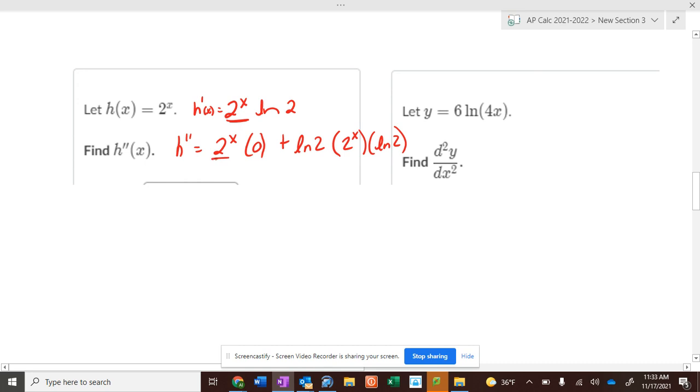The first times the first derivative of the second plus the second times the first derivative of the first. So where'd you get the ln 2? The second, the one all the way in the back. Because we're taking the derivative of this. We just said the derivative of this was this, right? So when you take the derivative of this, it's this again.